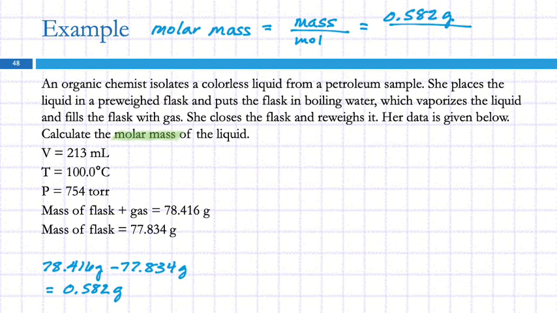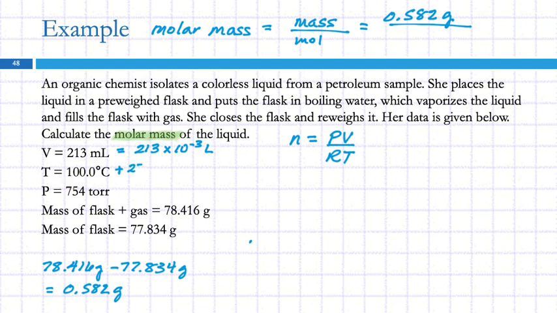And then I'm going to use the ideal gas law to calculate the moles. And these are the kind of units that the measuring devices have, but we need different units, don't we? We need our volume in liters. Well, that's not too bad. 213 times 10 to the minus 3 liters. We need our temperature in kelvins. Now this temperature was measured more precisely, 100.0.